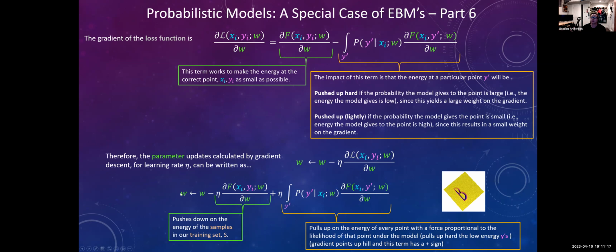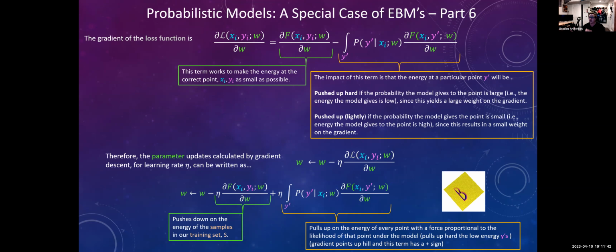So at the bottom of the screen here, we're taking our parameters W and we're updating them by subtracting some learning rate multiplied by the gradient of the energy at the correct answer. So we're going minus the gradient, so we're going downhill. And so we see that this first term is doing exactly what we want it to do. It's pulling down the energy of the correct answer, which is great.